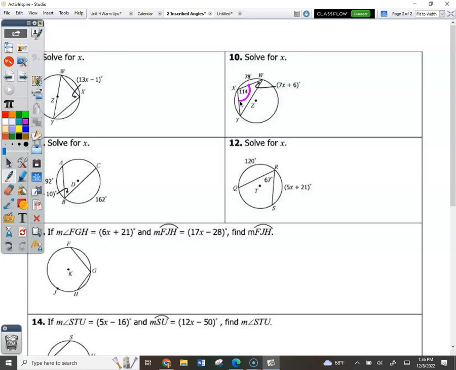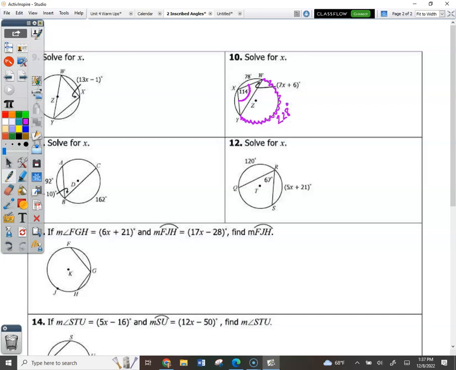So the 114 is going to open up to what two letters? Y and W. Yes, it's going to open up to Y and to W, which means it's creating this arc over here, correct? So if the angle inside is 114, going outside in a snow day, it would be 228.